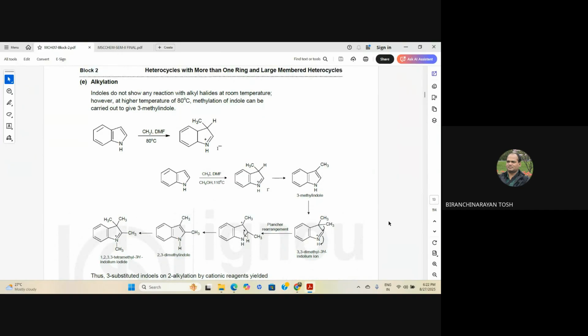Indoles do not show any reaction with alkyl halides at room temperature.